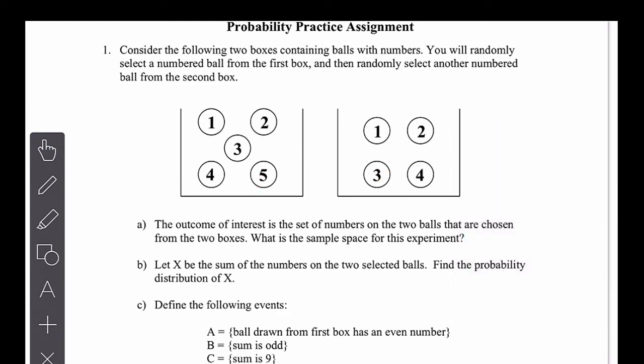We're going to conduct random selection from the first box and then random selection from the second box. And we're going to define the variable of interest, the random phenomenon, as the outcome of drawing from two boxes.